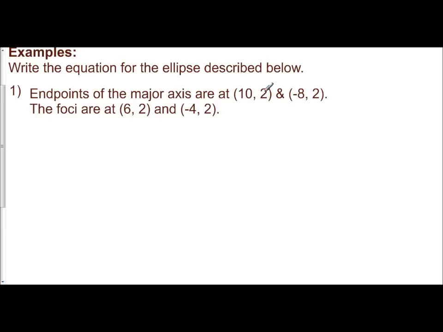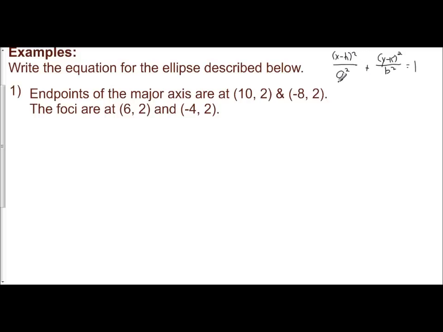Now I'm going to write off to the side. Remember, the standard form for an ellipse is the quantity (x minus h) squared over a squared plus the quantity (y minus k) squared over b squared equals 1. And the reason why this is helpful is because it tells me I need to know my h, k, which is my center.